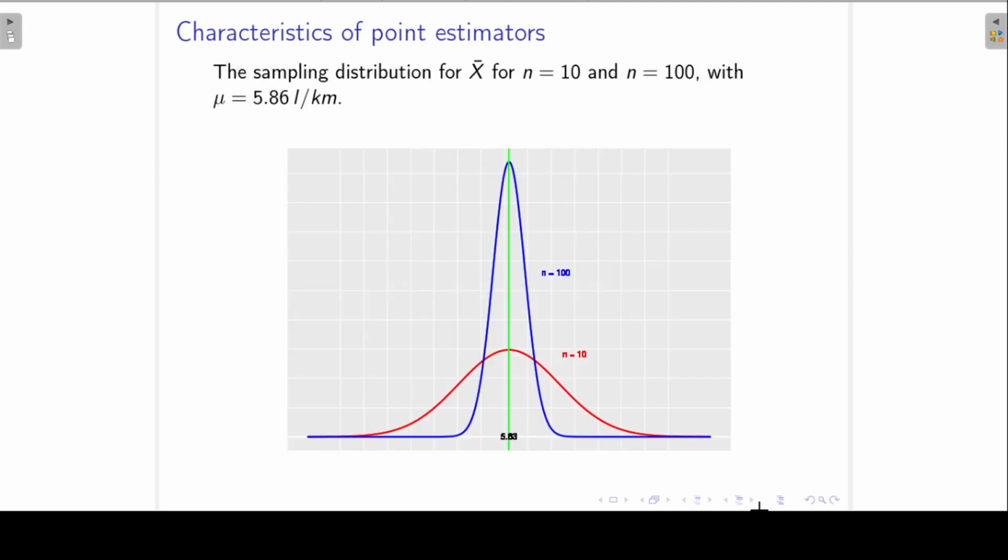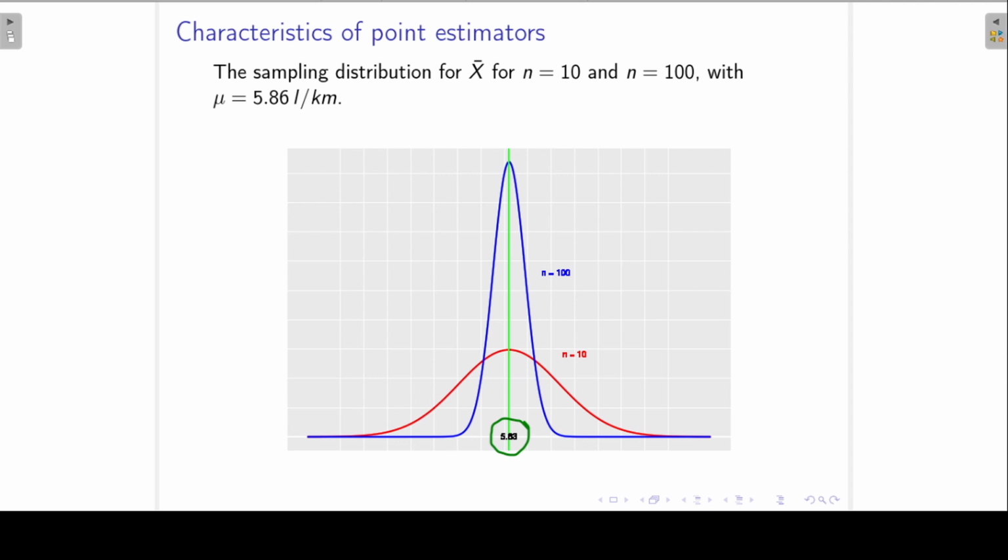On this slide, both the properties of unbiasedness and consistency are illustrated. Suppose that we would like to estimate the population mean mu, which in this case is 5.86. And we use the sample mean x bar to estimate the population mean.